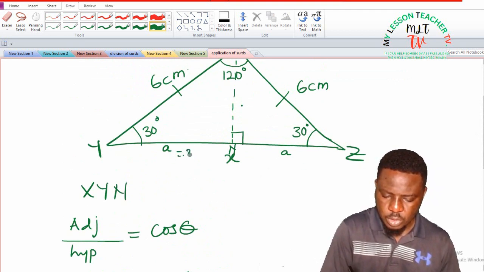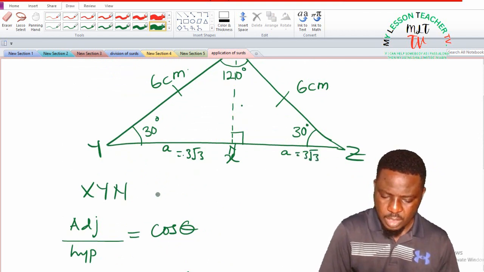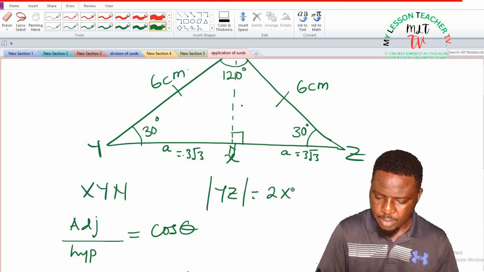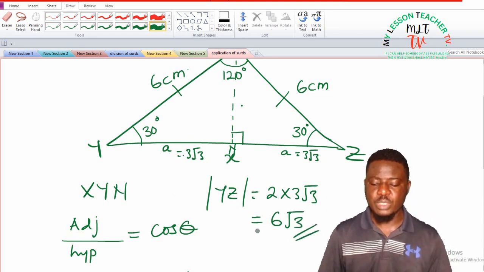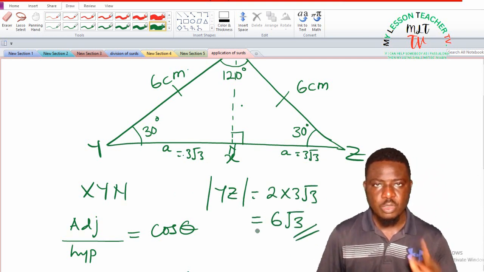And if A is equal to 3 root 3, and this A also is equal to 3 root 3 because they are equal, then side YZ is equal to 2 times 3 root 3, which is equal to 6 root 3. So our YZ is said to be equal to 6 root 3.